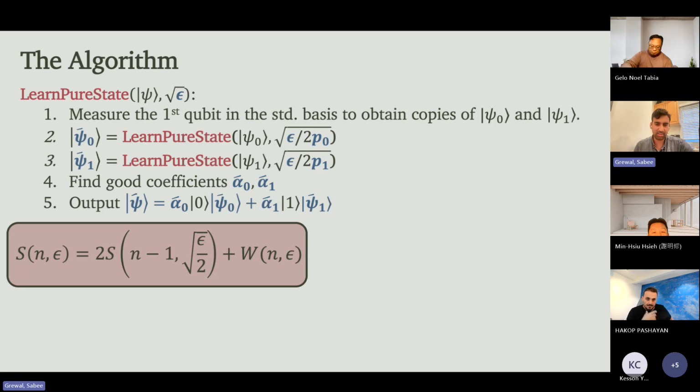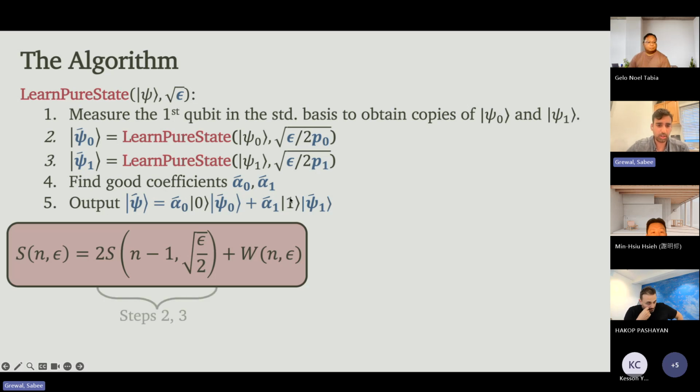For the rest of the talk, I want to fill in some of the missing details. The first thing I want to do is the copy complexity analysis. In this recurrence relation I wrote down for our algorithm, S of n epsilon is the copy complexity of our algorithm.